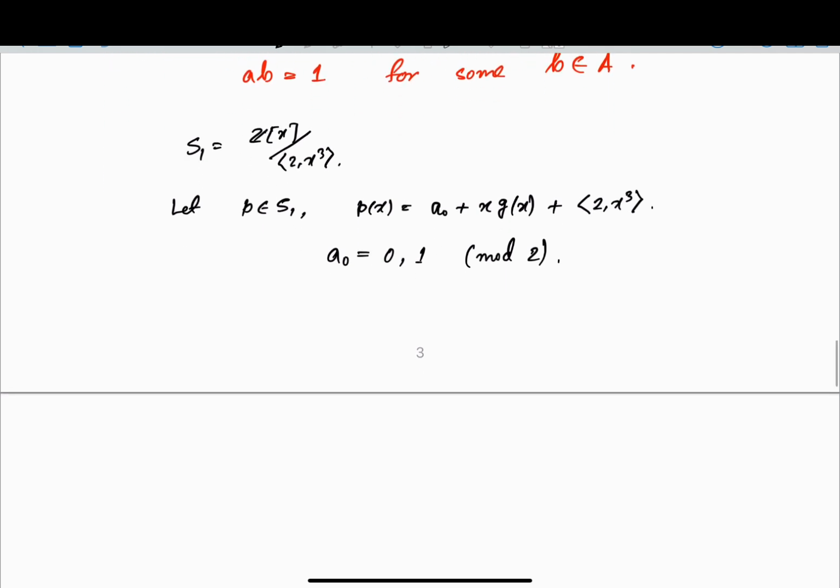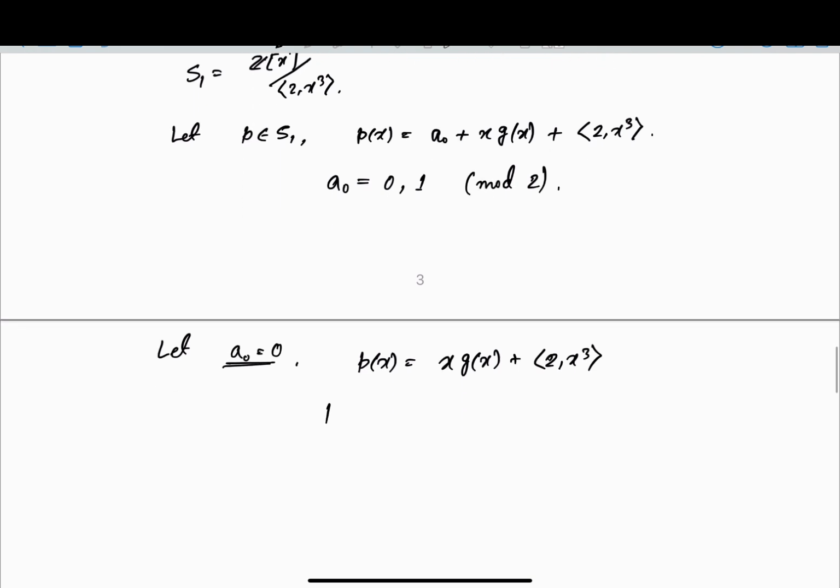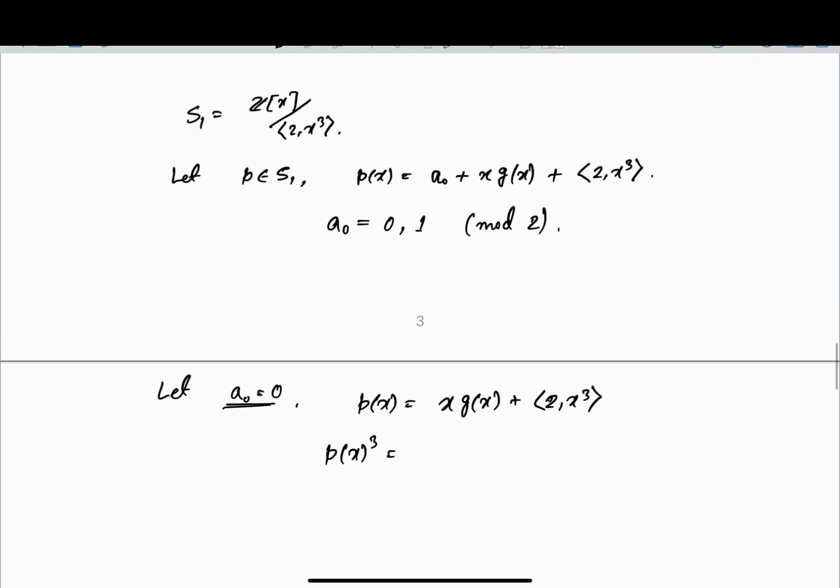So what will happen? First take a naught equals 0. Then p(x) will be x g(x). Now if you take p(x) cubed, note that here x cubed is 0, so this will become 0, right?